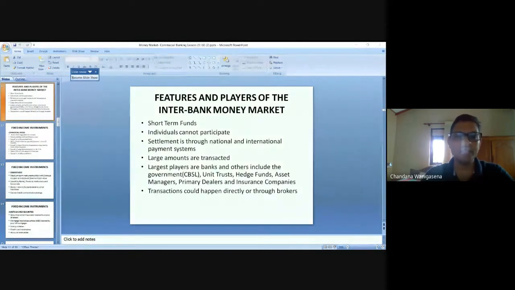Let's say People's Leasing has 100,000 leasing customers, so 100,000 leasing contracts. They keep these receivables of leasing contracts as security with the commercial bank, mainly with the investment bank, and take money.